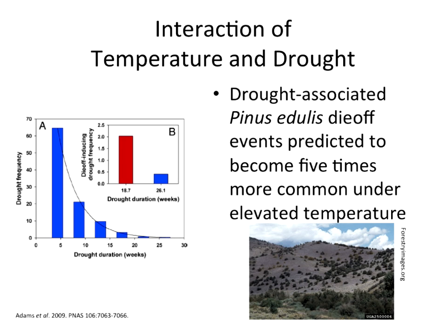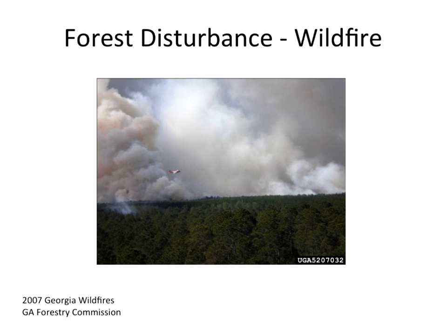Now, we're not talking about situations as extreme in the southeastern United States, but still on the western edge of the Loblolly pine range, those are the kinds of things we probably want to start thinking about.